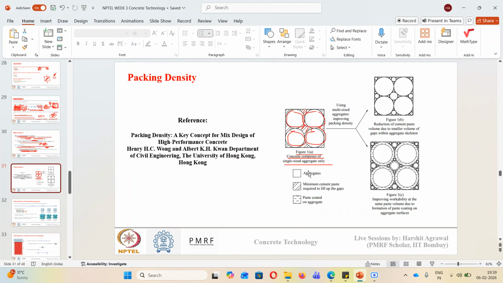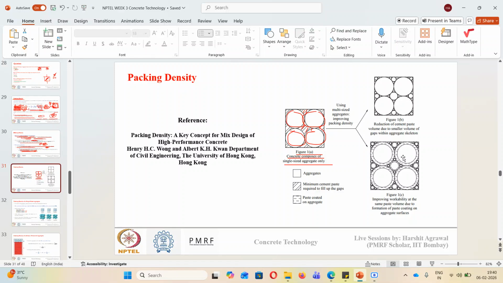The same thing you can understand from this figure here also. Figure A has single-sized aggregate, and between aggregates the volume is filled by paste. Now if I add smaller size aggregates here, in a multi-sized aggregate system, smaller aggregates will go between the pores of bigger aggregates, so they will reduce the cement required to fill the air voids.